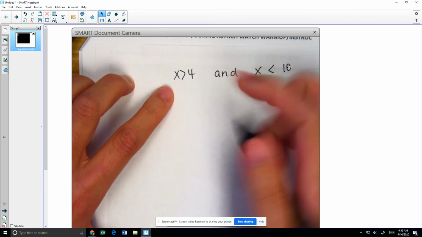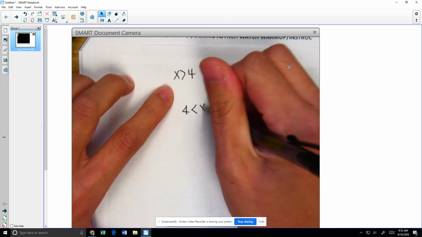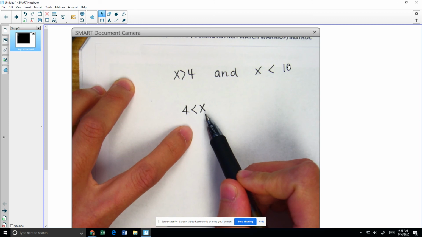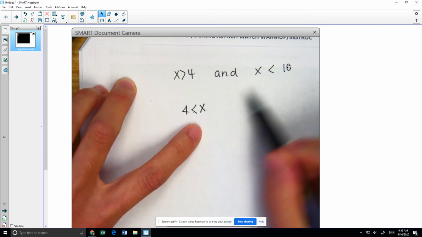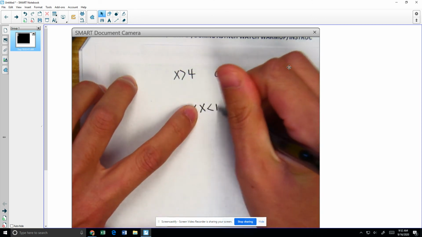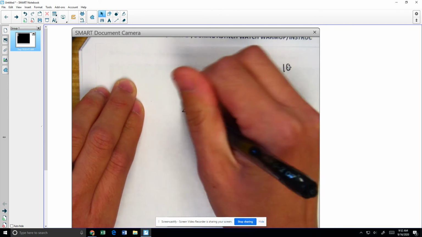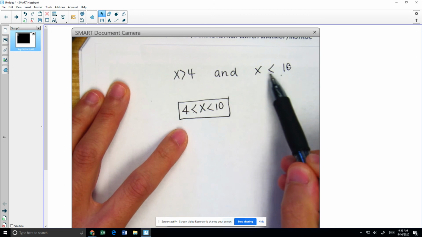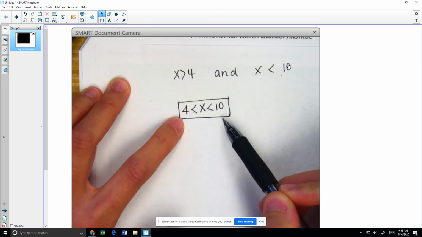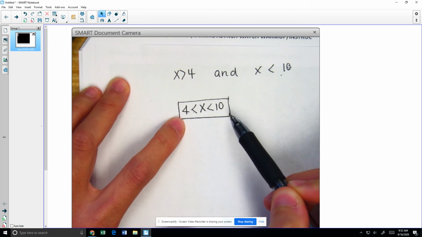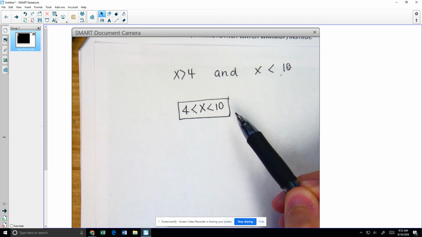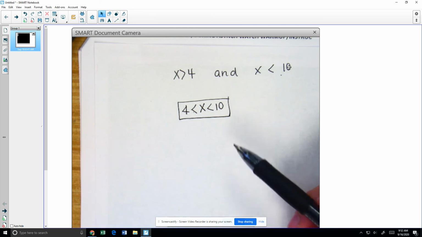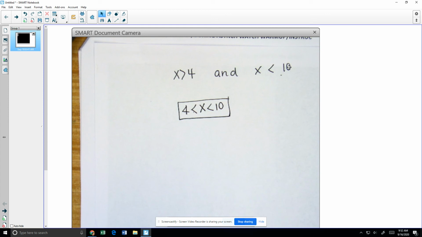If x has to be greater than 4, and we always want to put x in the center, so x is greater than 4, but it also has to be less than 10, this is what a compound inequality looks like. I'm taking two simple ideas and combining them together into one sentence. That's basically what compound means, right? Like making it more complicated, okay? That's kind of the gist of it, okay?